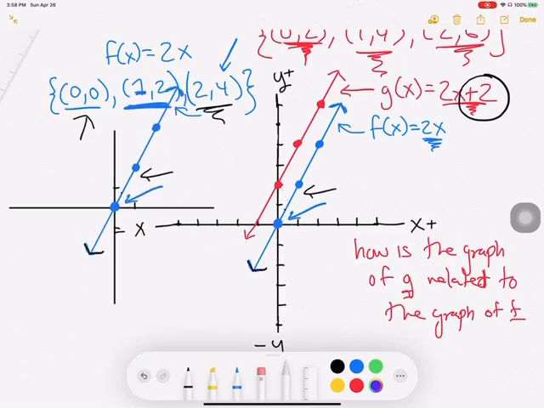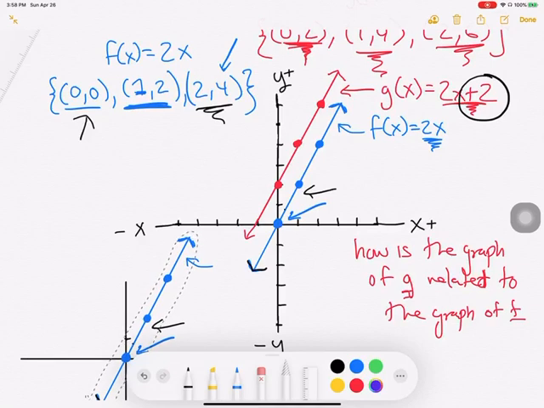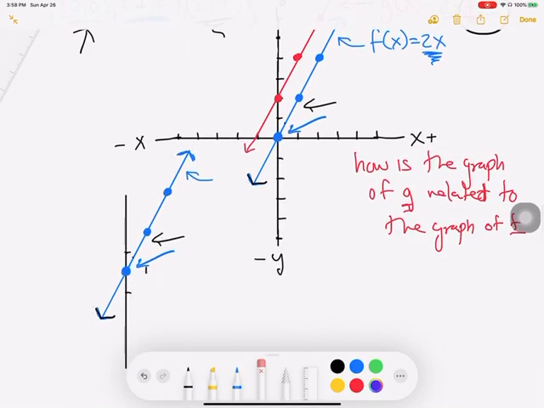Kind of. So this is my line, right? The line of the equation.